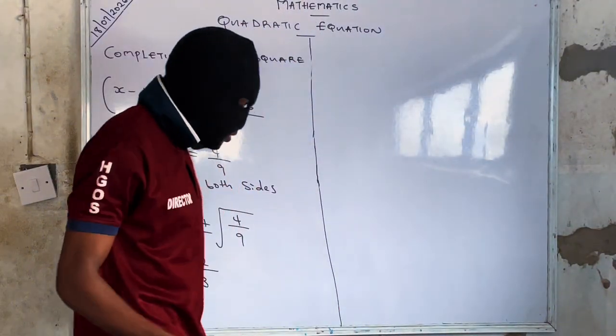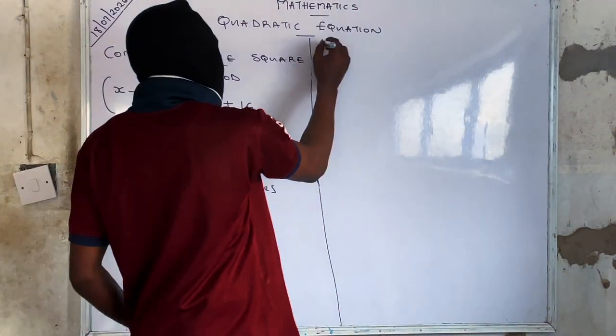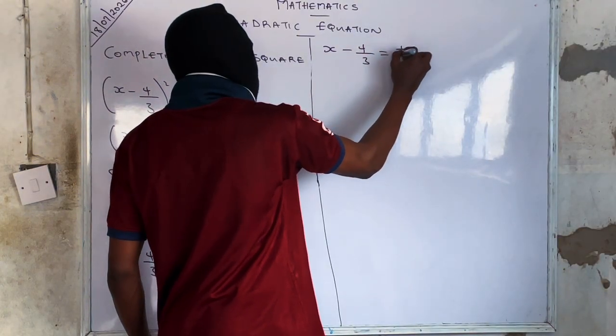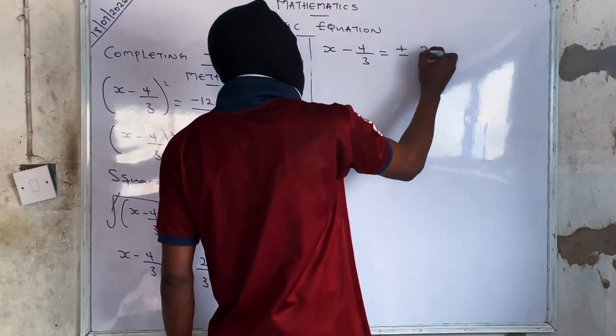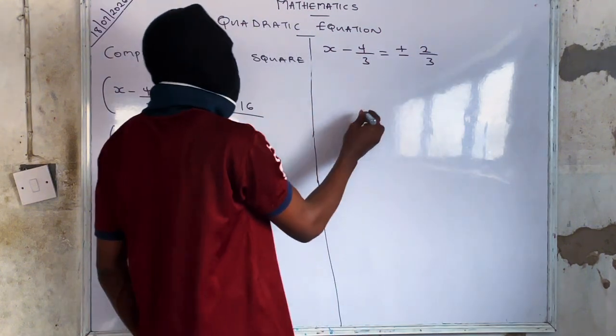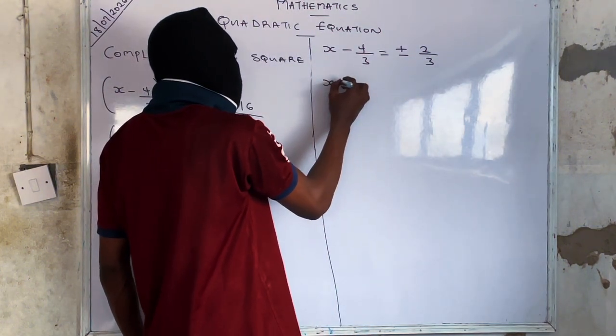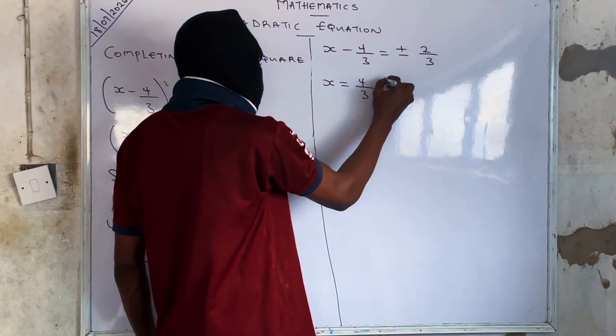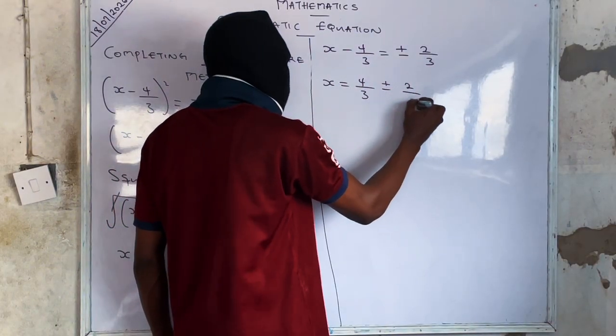Now we have x minus 4 over 3 equals plus or minus 2 over 3. So collect like terms. Now x equals, this is minus, to change to plus, that is 4 over 3 plus or minus 2 over 3.